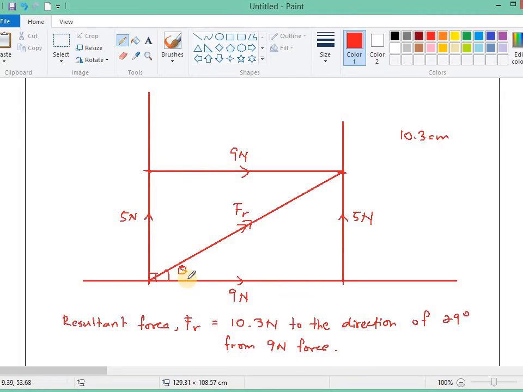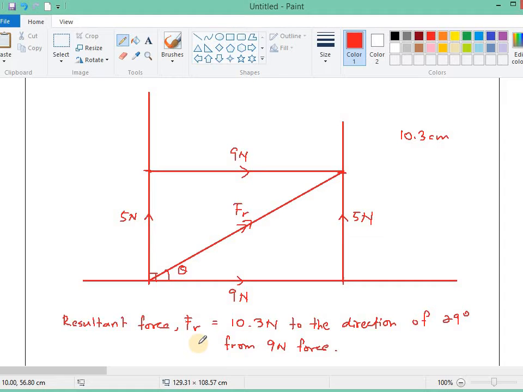That means 29 degree measured from the 9 Newton force. Okay, so this is the resultant force.